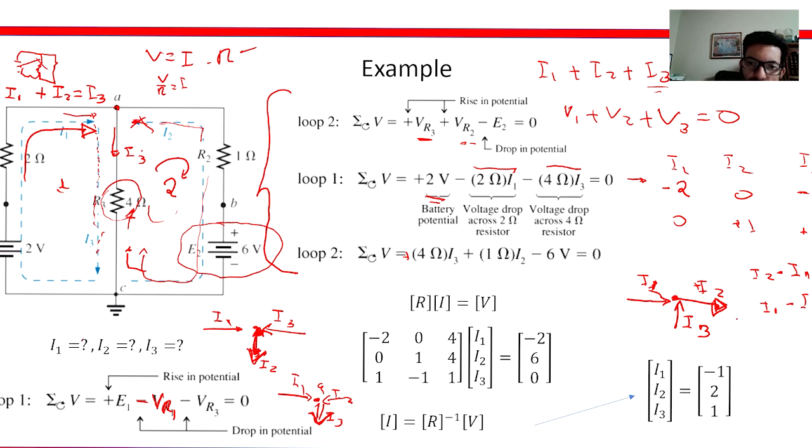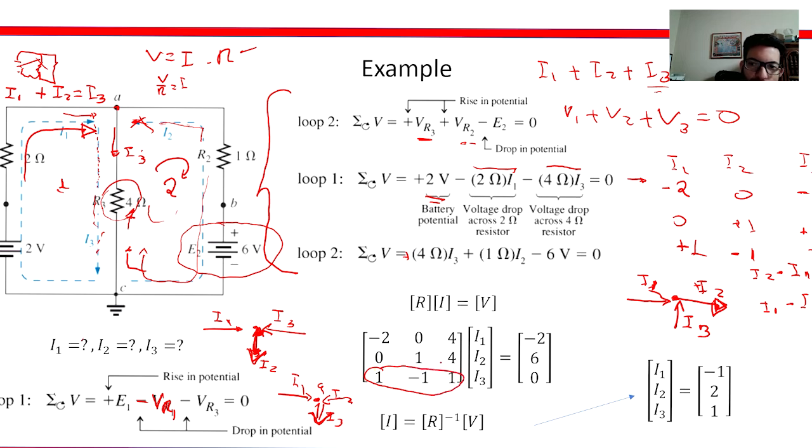Okay, so we have a good one. So now for the third equation, we have a +1, a -1, +1 equal to 0. And that's what we have here.